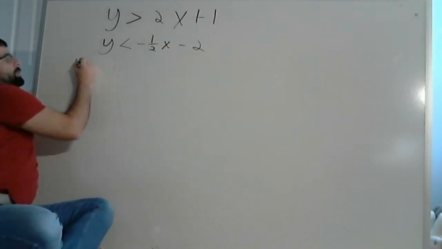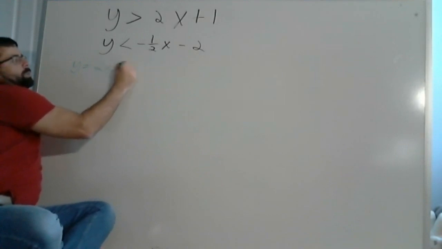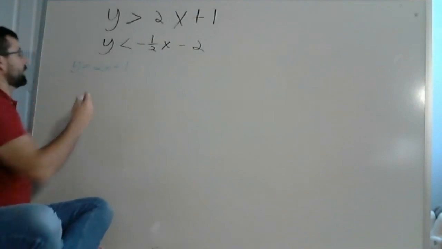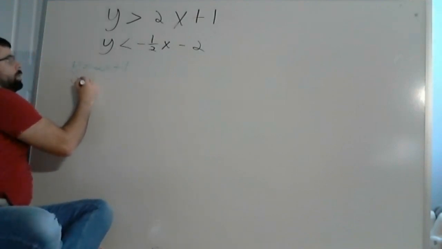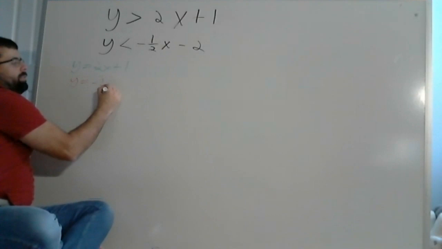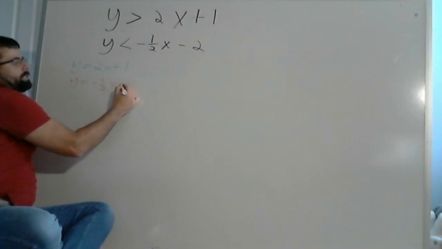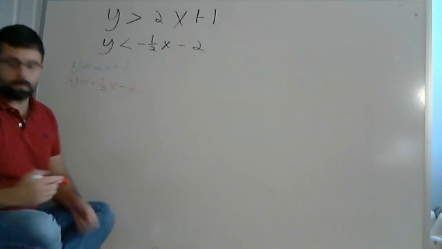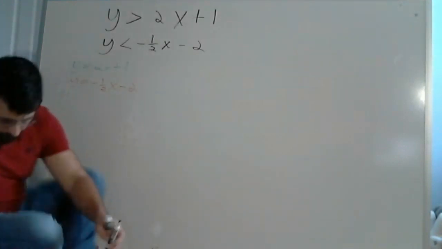So we have the first one is y equals 2x plus 1. And the second one is y equals negative 1/2 x minus 2. And then we find the solutions.